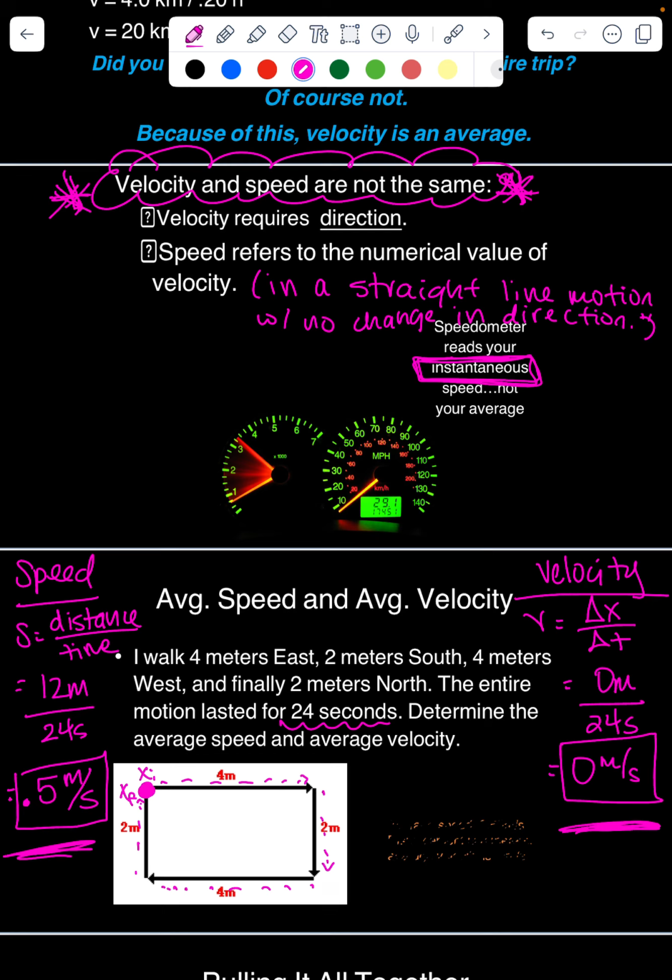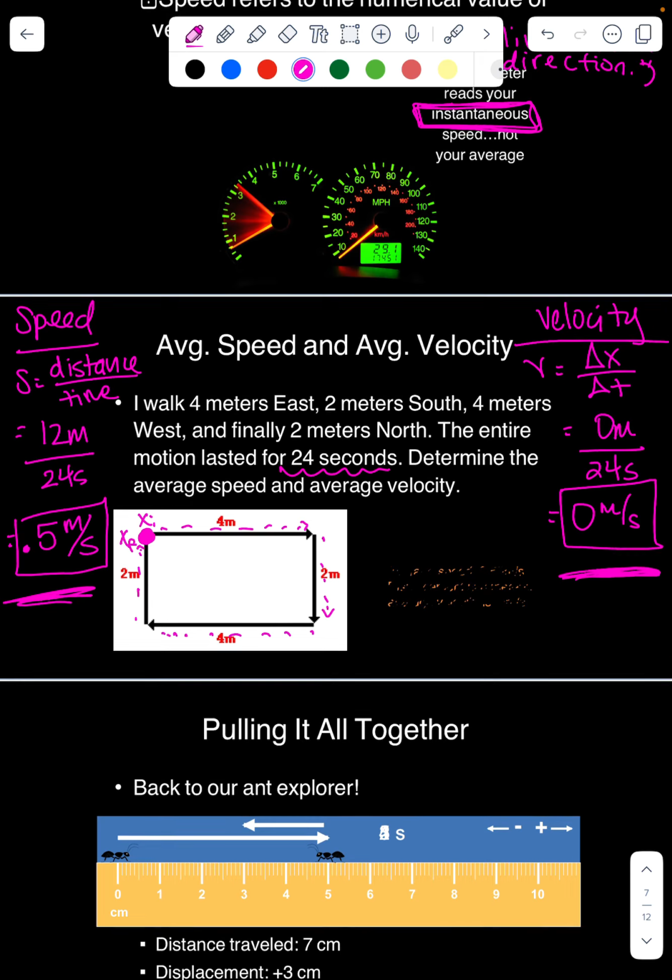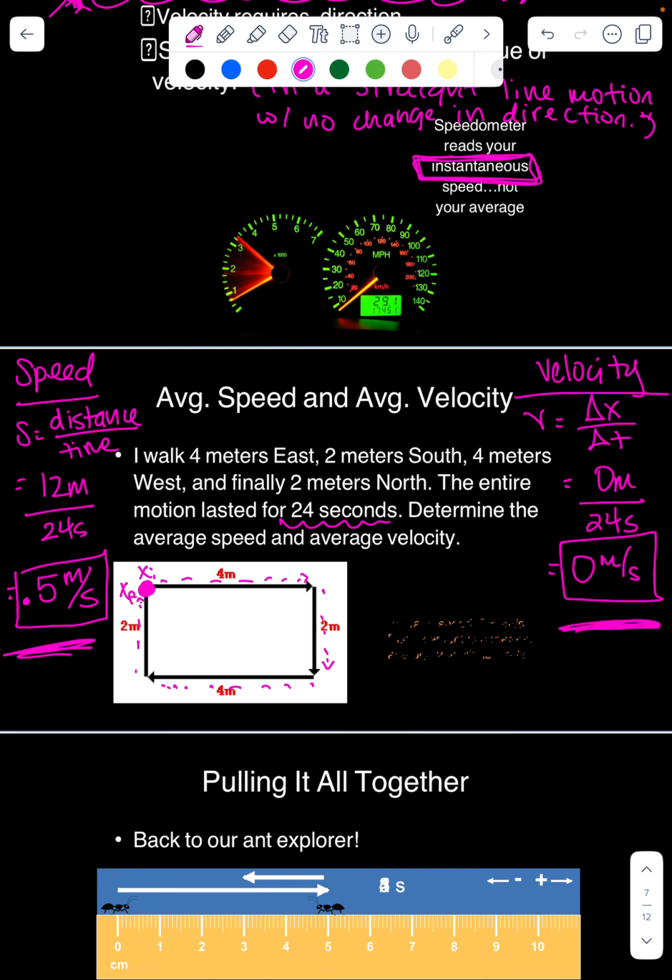All right, so now let's go back. Let's revisit our sweet little ant friend from the other day. We talked about his distance the other day. So he went 5 to the right and then went 2 to the left.